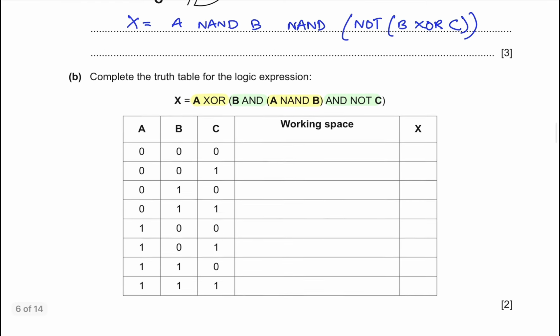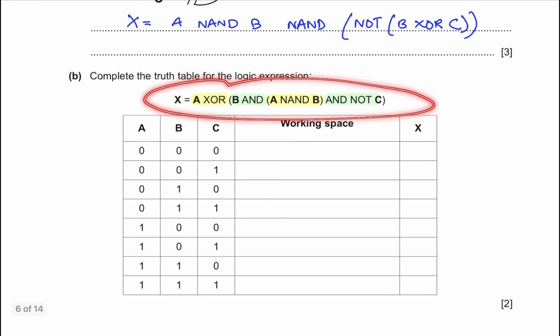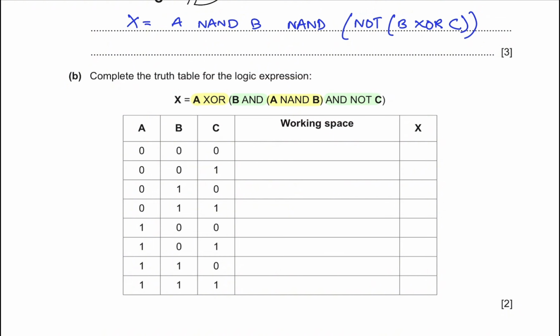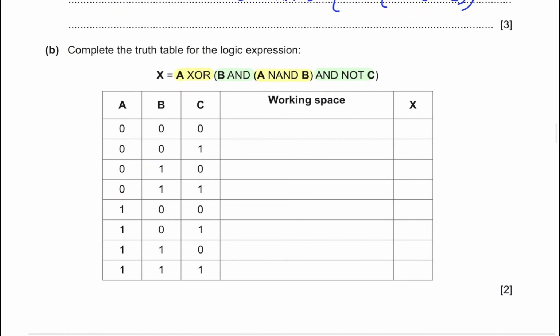You should know the truth tables for all of the gates: XOR gate, AND gate, NAND gate, and NOT gate. You can solve it slowly, but I'll tell you the final answers. Pause the video and then solve it. 0, 0, 1, 0, 1, 1, 1, and 1. This should be your answer.